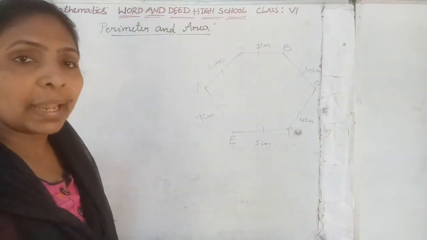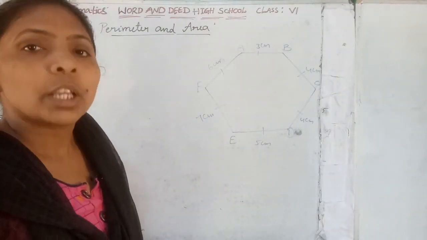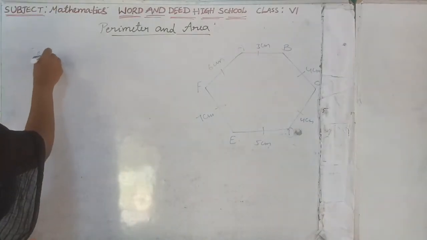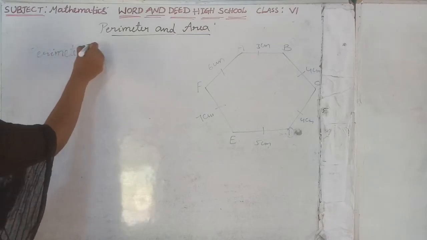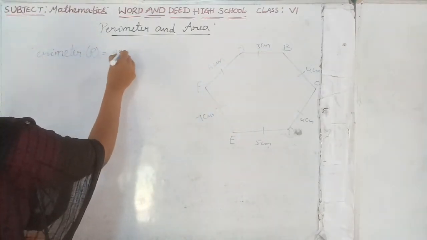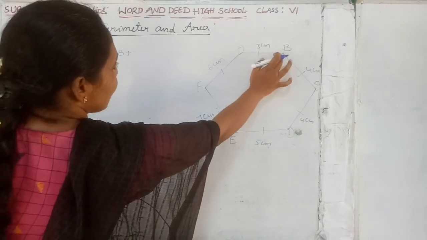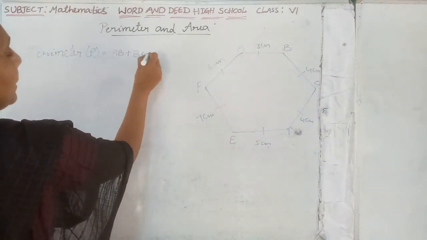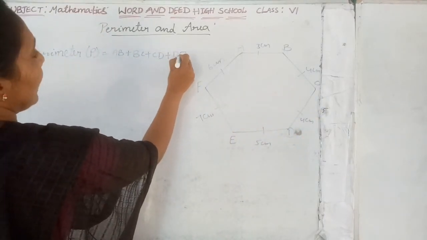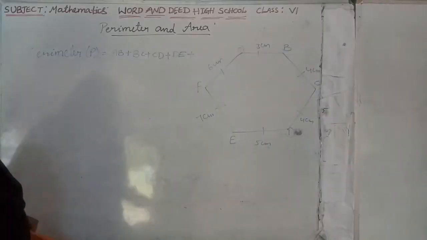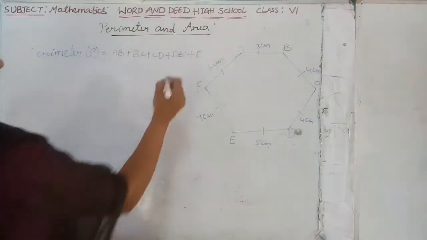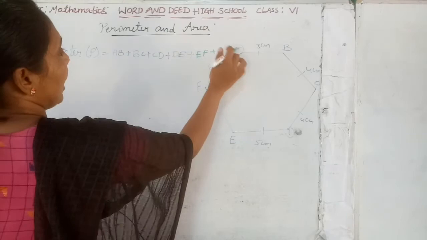We can find the perimeter. What is the perimeter, children? Sum of the lengths of all the sides. So perimeter is equal to AB plus BC plus CD plus DE plus EF plus FA.